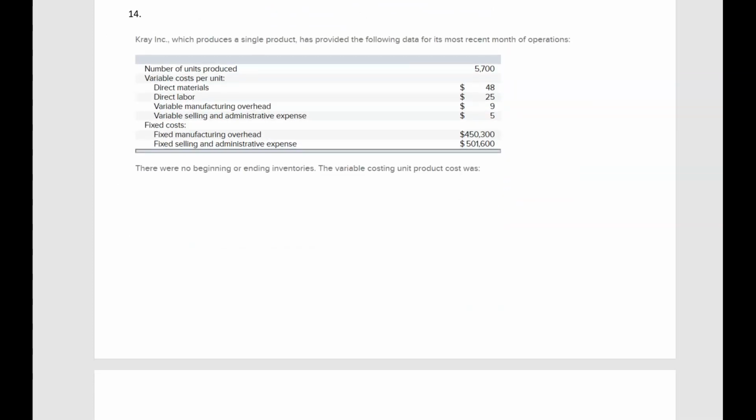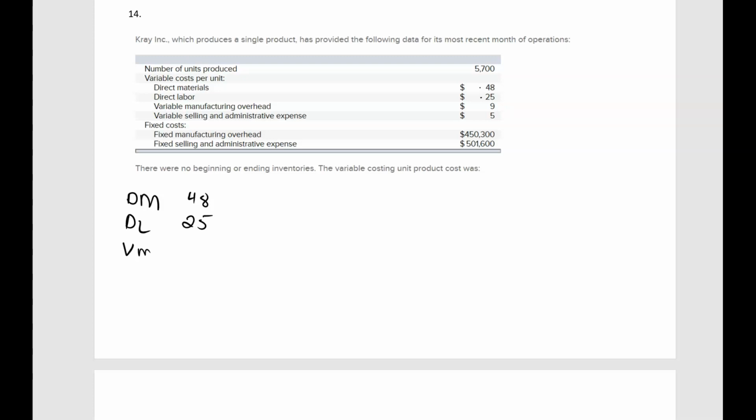Okay, and then for 14, we're looking at the variable cost per unit, and we're going to assume that there's no beginning or ending inventories, which makes this problem easier. Direct materials is $48. Direct labor is $25.